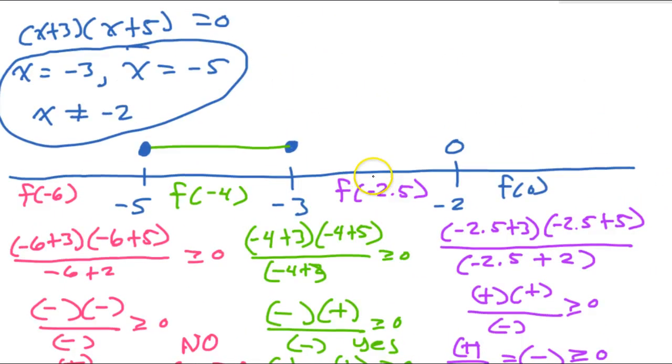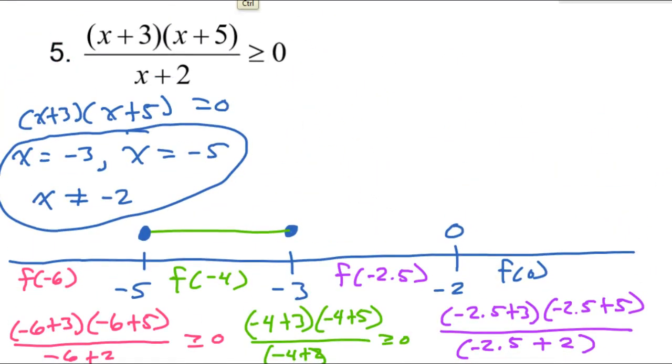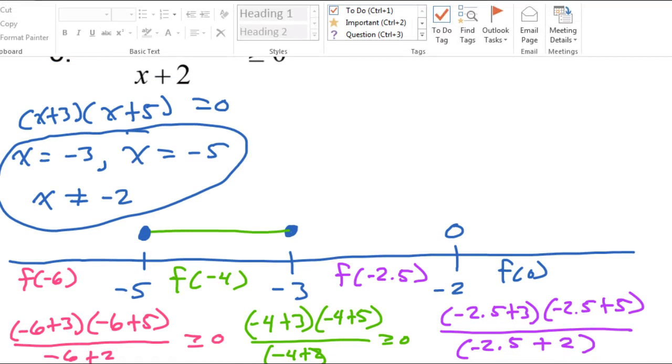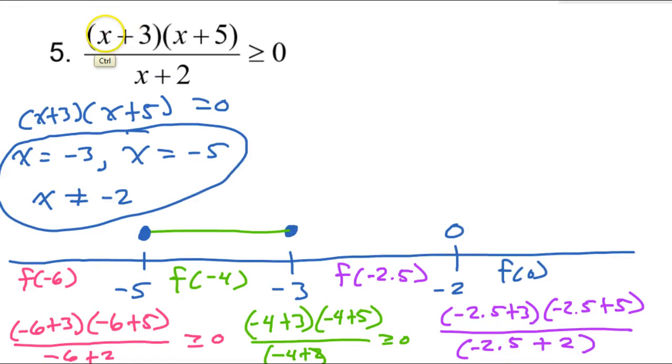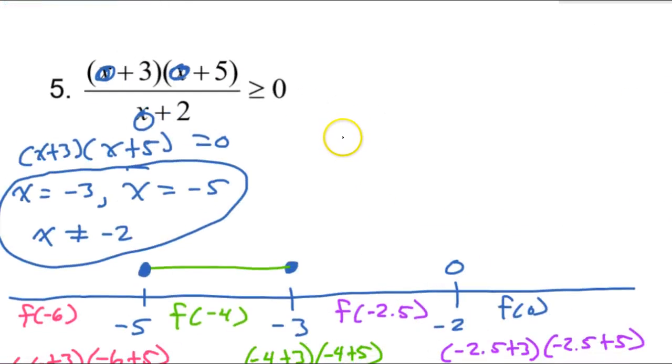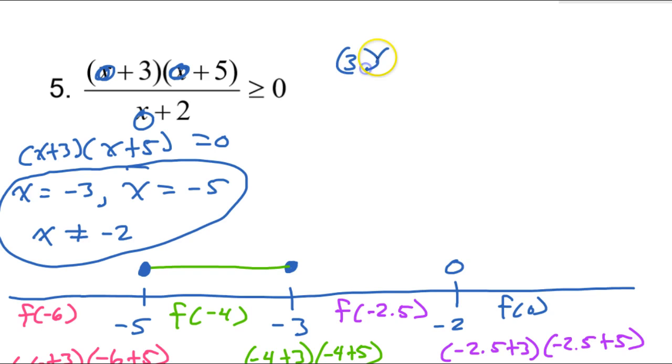And finally, checking the 0. If I put 0 here and here and here, okay, then that's going to give me 3 times 5 over 2. All right, those are all positive numbers, so that's going to be a yes.